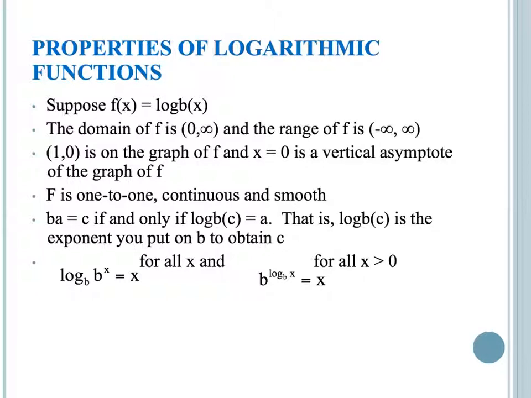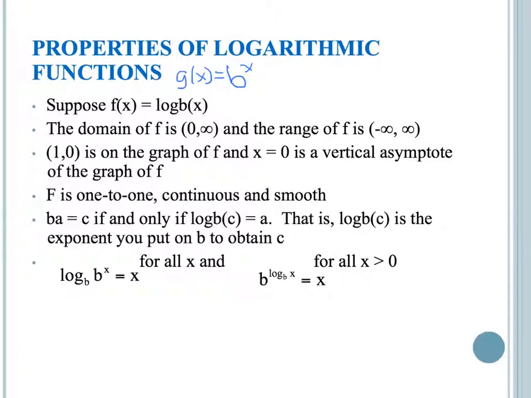Okay, so here's where we have all of our properties for a logarithm. And because a logarithm is an inverse of the exponential function, I'm going to take my exponential function, b to the x, and I'll call that g of x just so we don't get it confused.